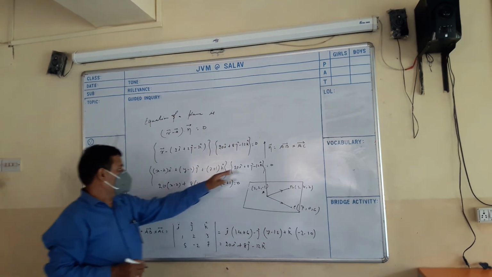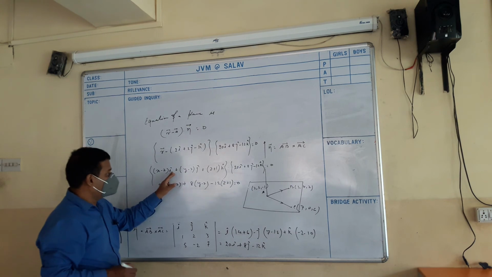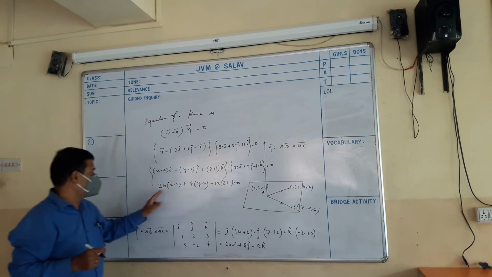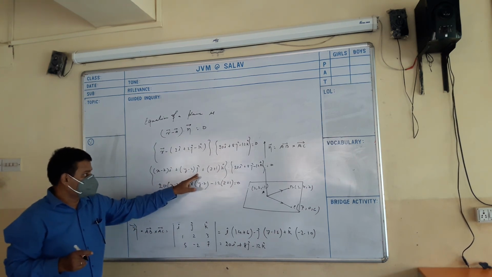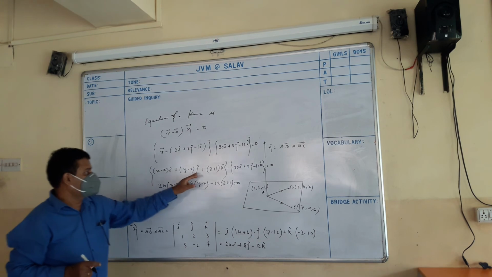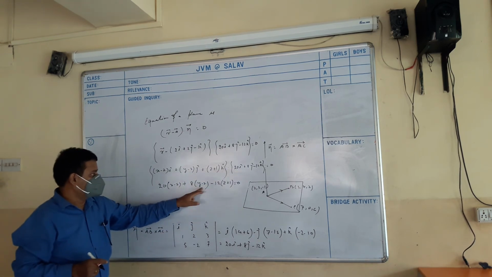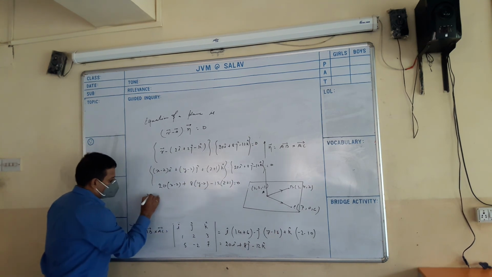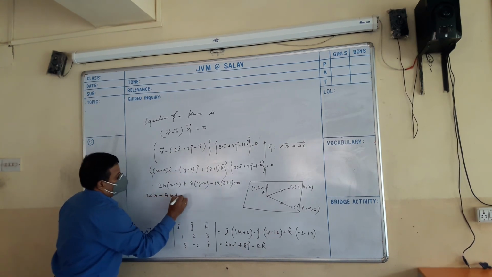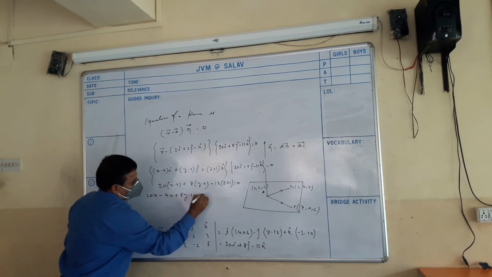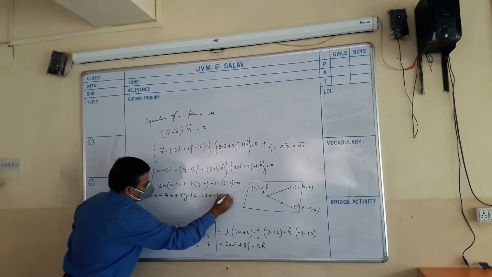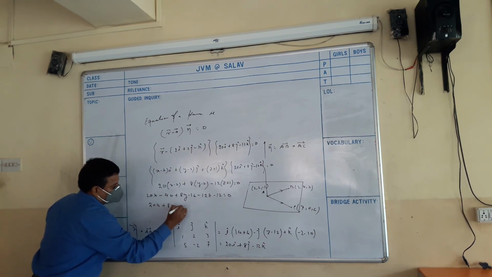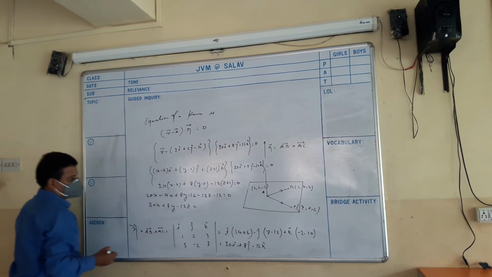Because i dot i is 1, we get 20(x minus 2), and j dot j is 1, so 8(y minus 2), minus 12(z plus 1). So 20x minus 40 plus 8y minus 16 minus 12z minus 12 equal to 0. How much is coming here? 20x plus 8y minus 12z is equal to 68.